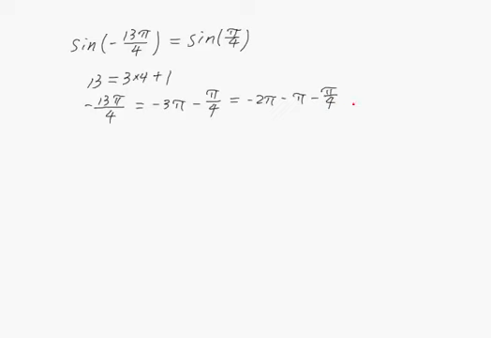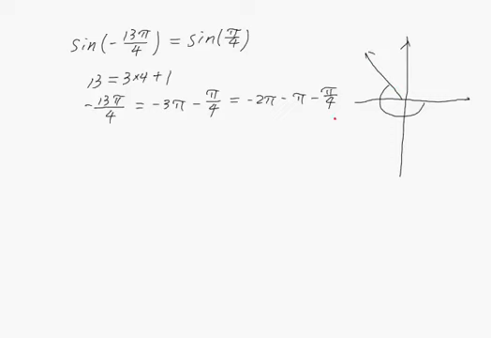So you can sketch this angle: negative 2 pi, 1 revolution clockwise, and then you have pi and then pi over 4, right?